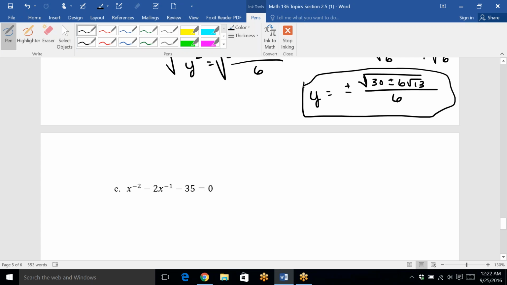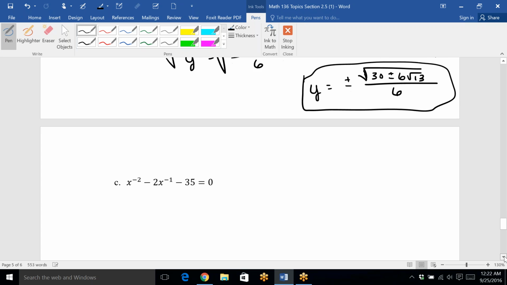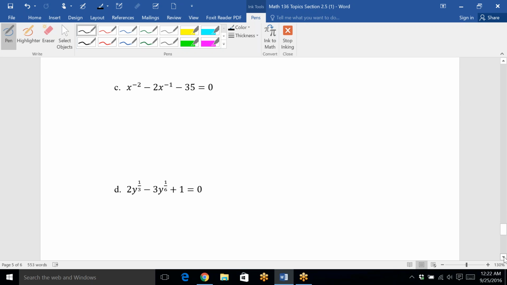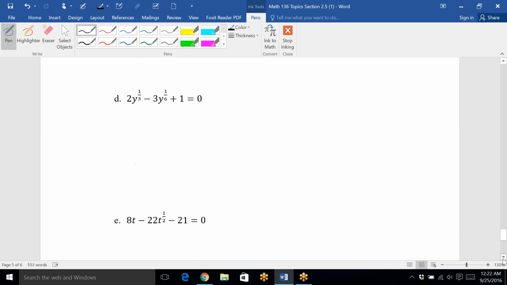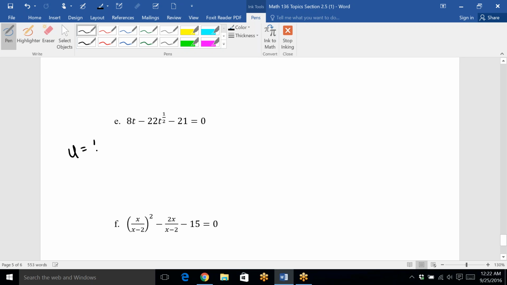We did C in class, and I believe we also did D in class. So let's look at maybe E. So u equals t to the 1/2. So that would make this, because this is t to the first, that's 2 1/2s.